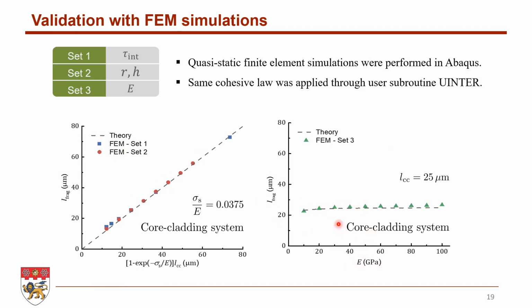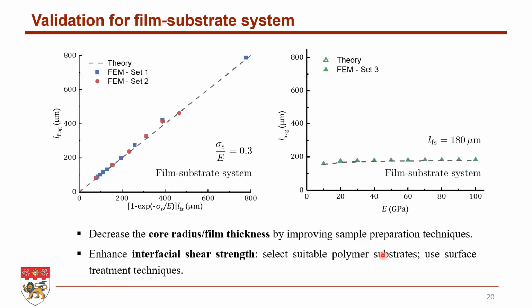So that means our theory and our method can be applied to a wide spectrum of brittle materials with different Young's modulus. And these two figures show the corresponding results for the film-substrate system. And then the conclusions are basically the same.